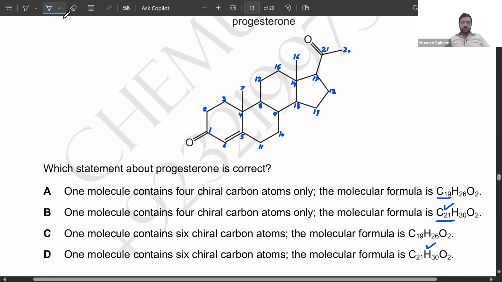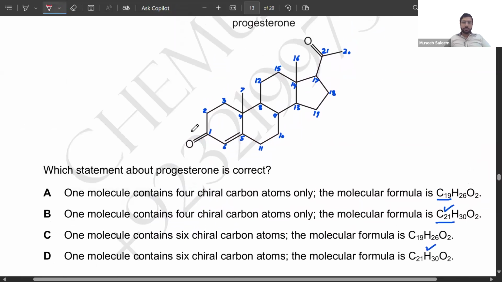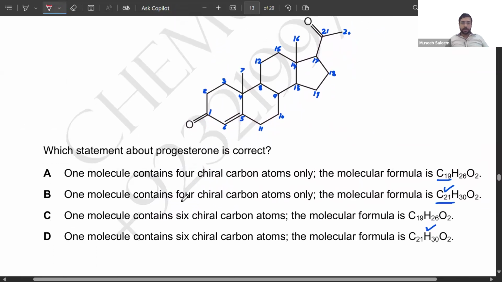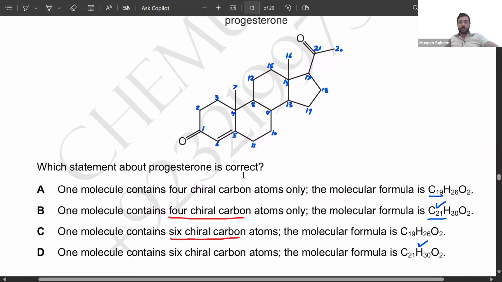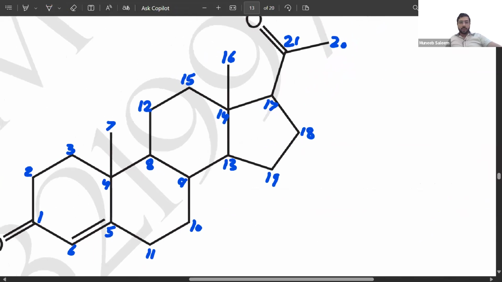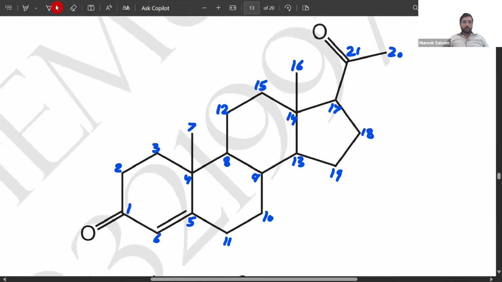Now we need to check the second point of this compound, that is about the chiral carbon atoms. So we have again the options: 4 carbons or 6 carbons. So let's see how many chiral carbons are there, which we know is that carbon which is bonded with 4 different groups.